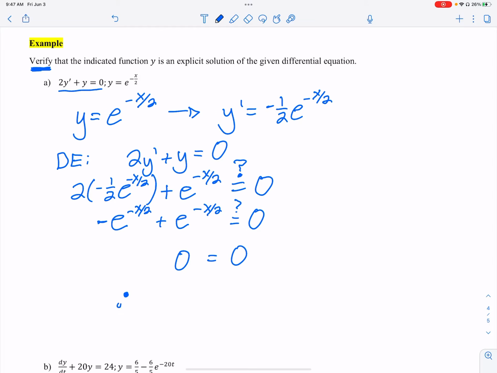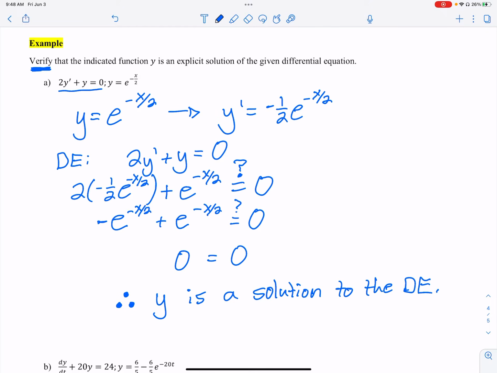Just like checking an answer back in algebra, that's what we did. So therefore, that's what the 3 dots mean: y is a solution to the DE. You need to make a statement. That statement is important. If you don't put that, you're going to get some stuff marked off because you just wrote a bunch of stuff down.